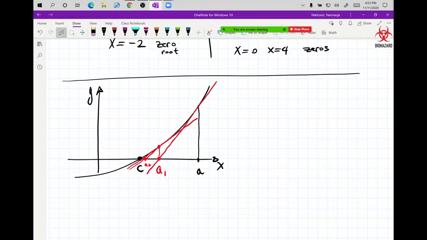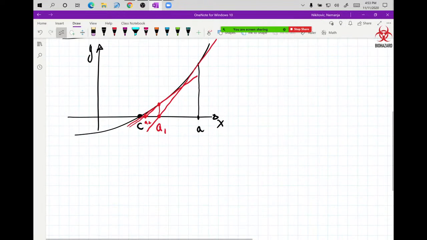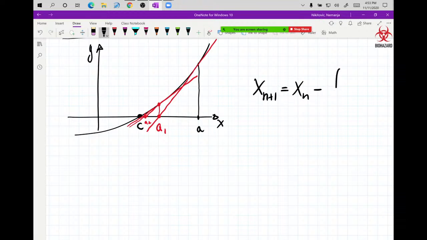Now, without going into iterations here and proof of how all of this is done, you can follow the picture. All of this gets put into this one iterated formula where you can compute your x(n+1) as xn and then correct it with the tangent line, with f of xn divided by f prime of xn.